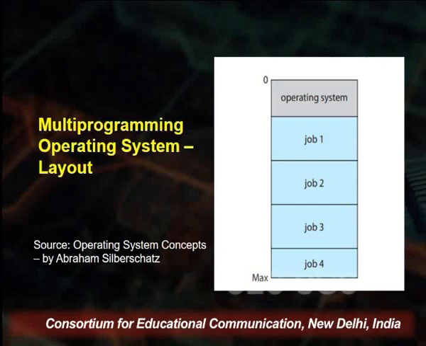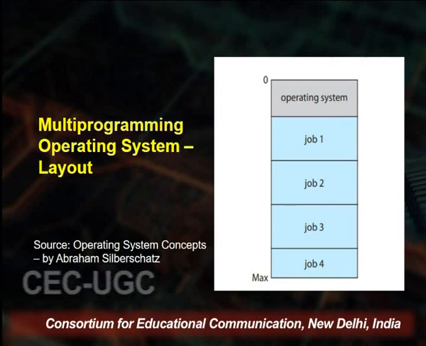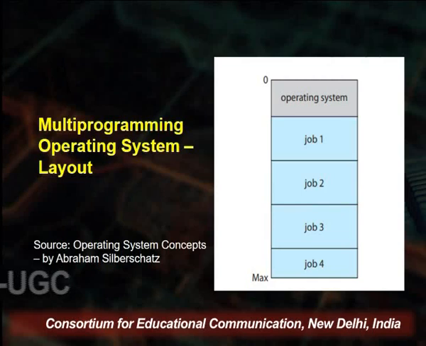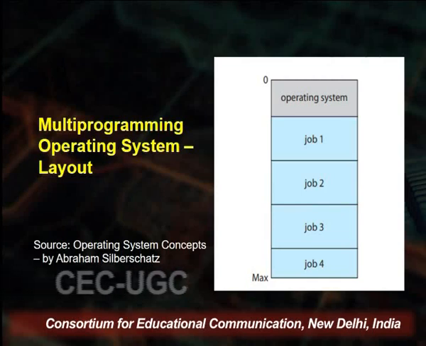Here a figure is shown in which there are memory addresses right from 0 to maximum. The maximum depends on how much memory you really have. Then we have the operating system in the low area of the memory. Then we have job 1, job 2, job 3, job 4.